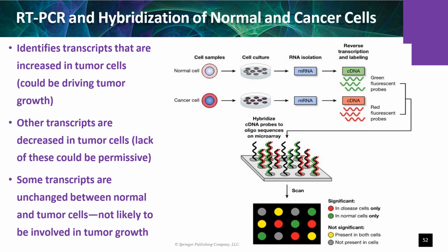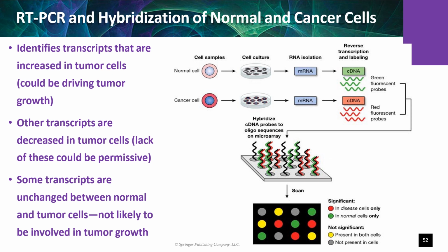Synthetic DNA sequences or probes are constructed as complementary to a desired group of gene transcripts. Messenger RNA from a biopsy of a tumor sample and a non-cancerous sample from the patient with cancer are isolated, then converted to complementary DNA using a reverse transcriptase enzyme and labeled.